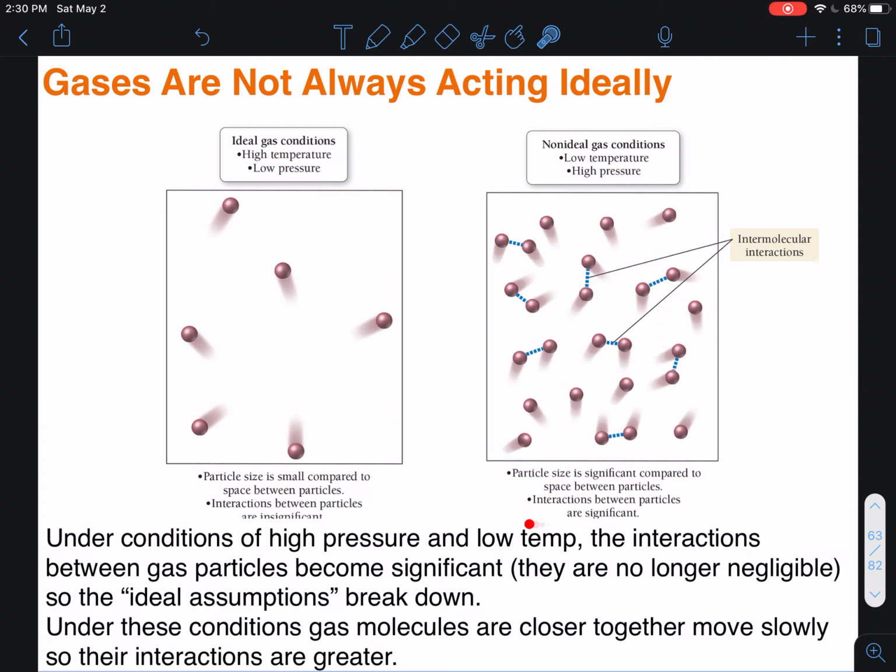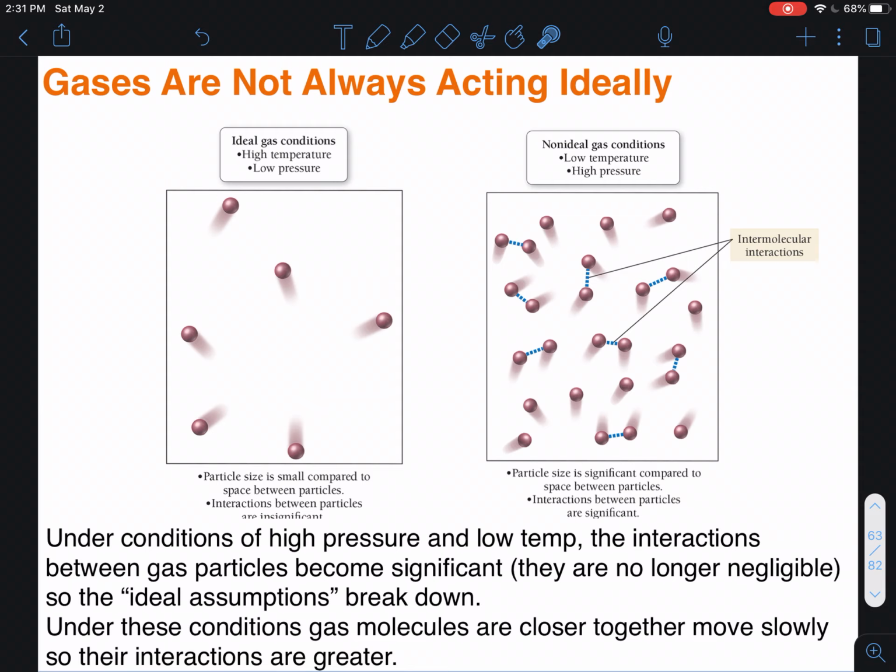And then we have a low temperature, so high pressure and low temperature. When you decrease the temperature, you're slowing down the gas particles. So not only are they closer together, now they're slower. And now that they're slower, they can actually interact with each other in a substantial way.